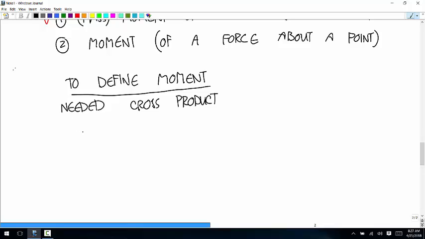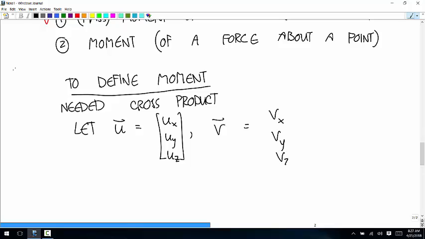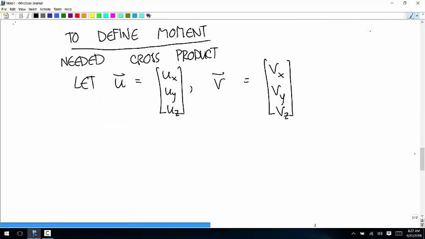And so you can think of it this way. Let u equal ux, uy, uz, and let the vector v be vx, vy, vz. We used different component names before. Then there are two definitions of the cross product. The first one is the component one: if you have the components of these vectors, you can get the components of the result.